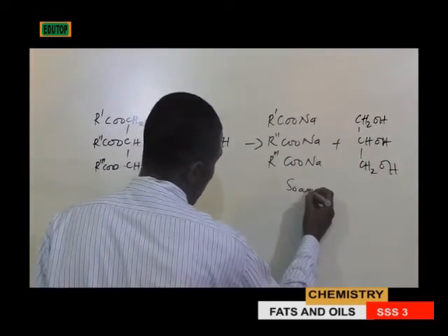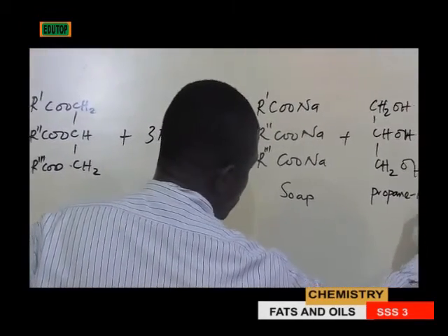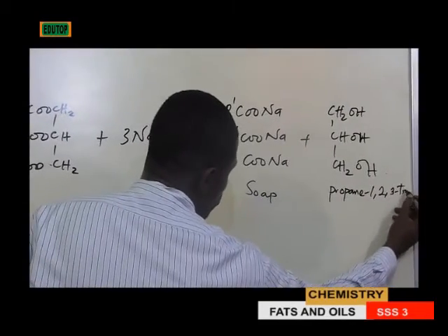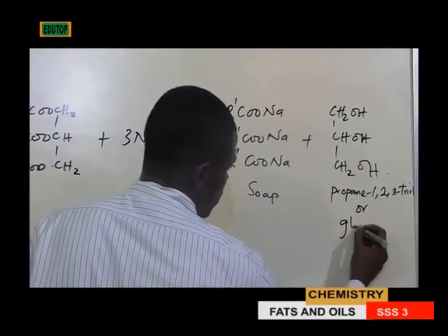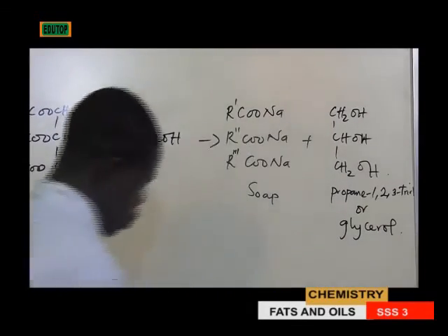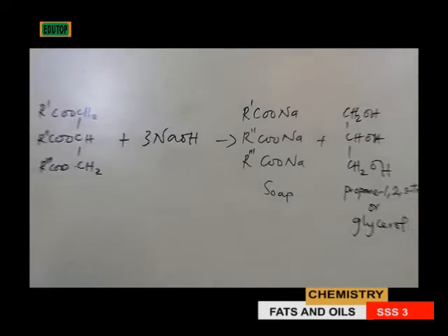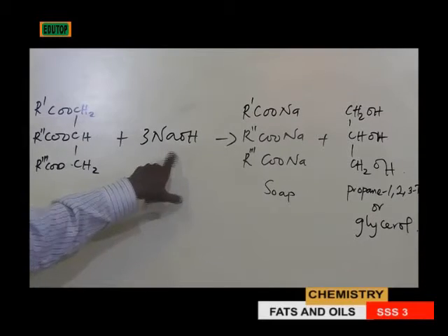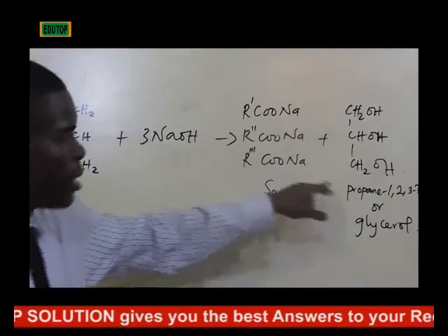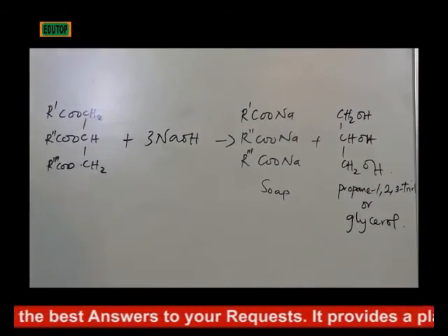This is the soap, and this is propane 1,2,3 triol, which is also known as glycerol. So this process is called the saponification process. Here you have your fat being neutralized by caustic soda to give your soap and propane 1,2,3 triol, which is also known as glycerol.